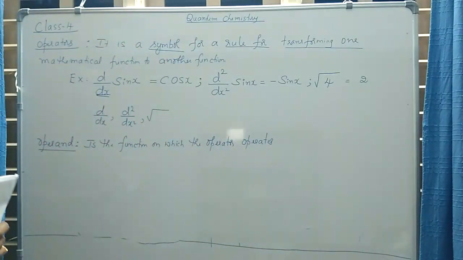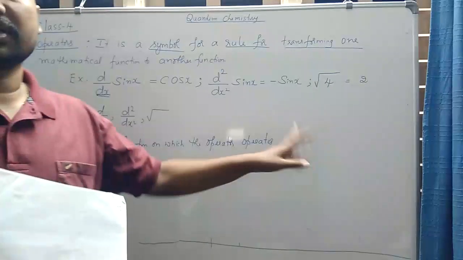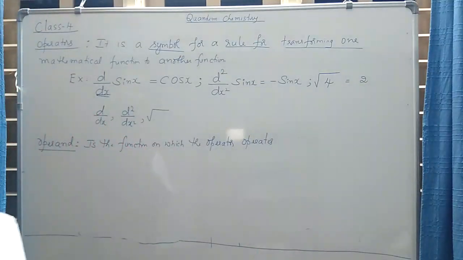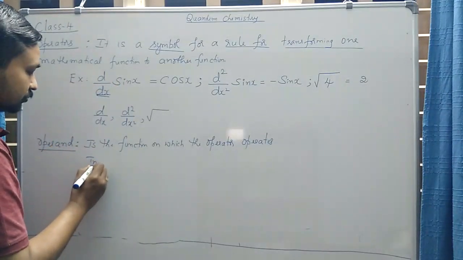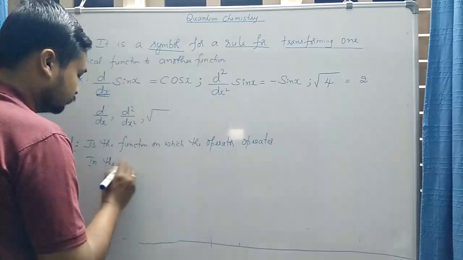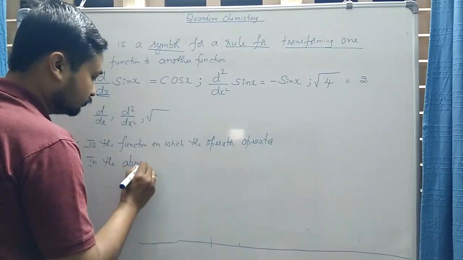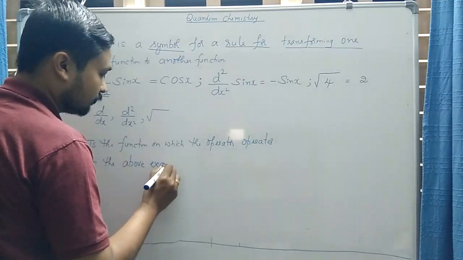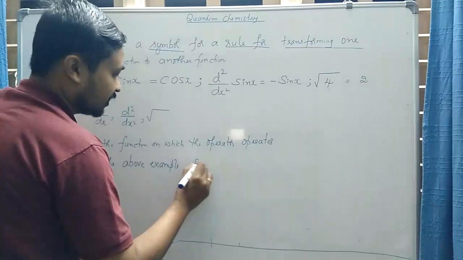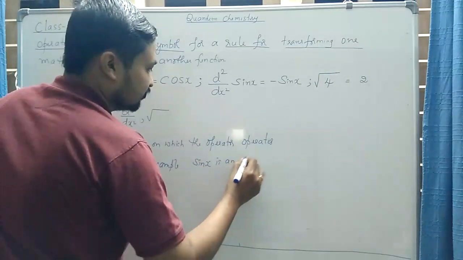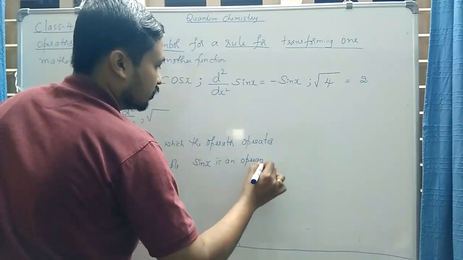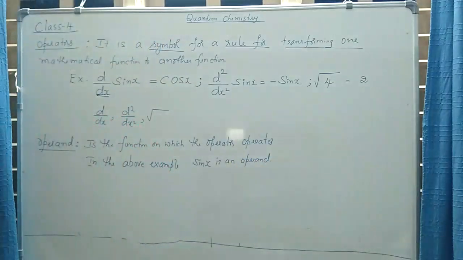The operator operates on a certain mathematical function, and that mathematical function is called the operand. So in the above example, sin x is an operand.